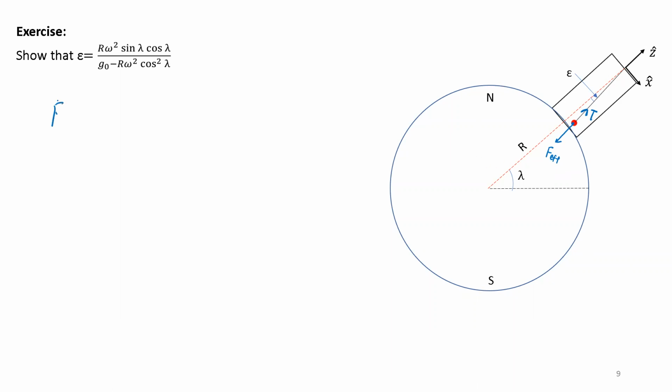So the F effective, you know what that would be: the mg naught minus the centrifugal.